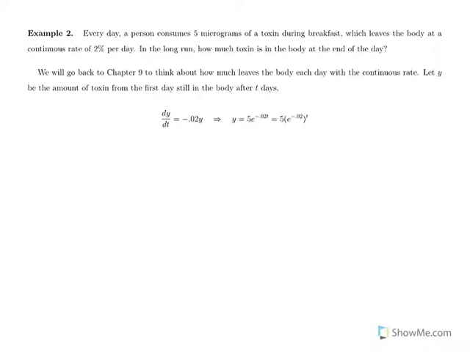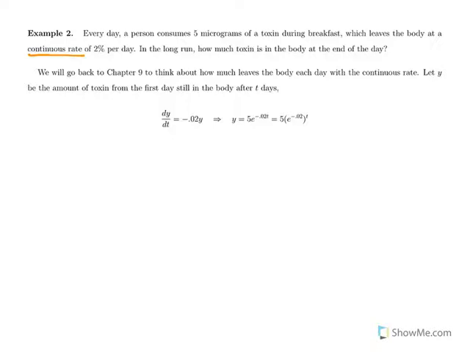Well, one thing we have to think about for this problem is the continuous rate. Now we're going to go back to chapter 9 to think about how much leaves the body each day with this continuous rate. So we're going to let y be the amount of toxin from the first day still in the body after t days.